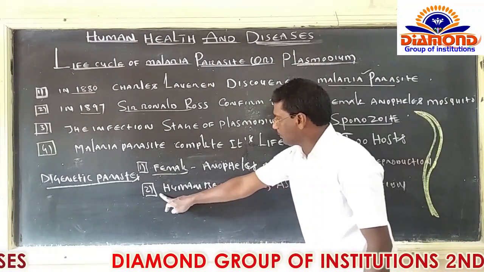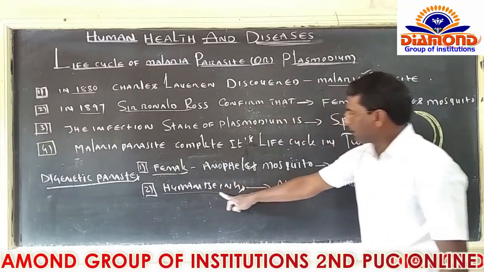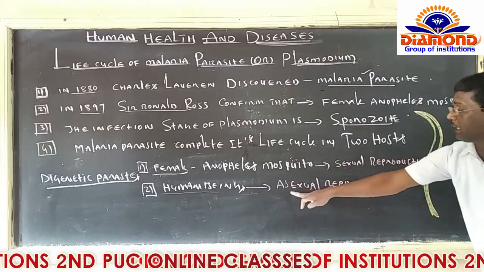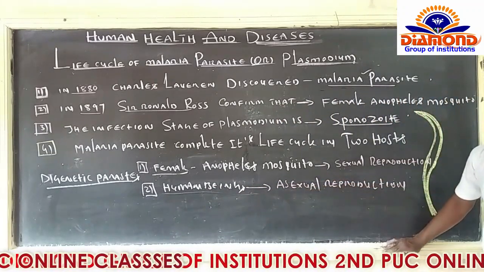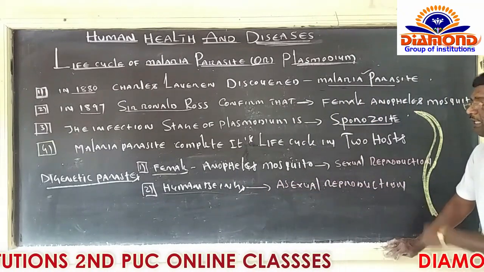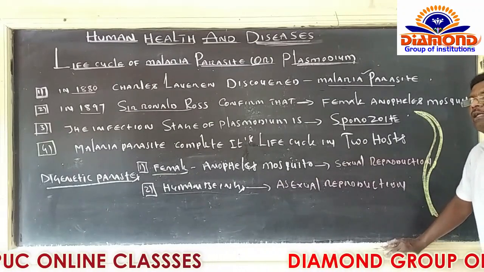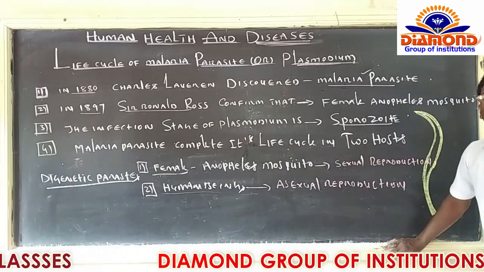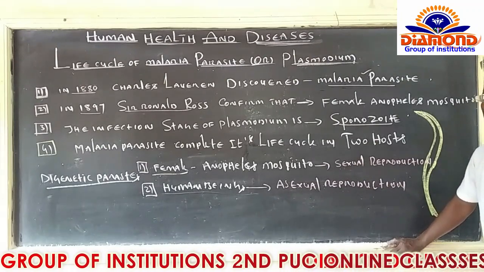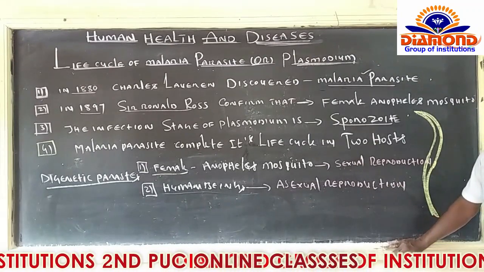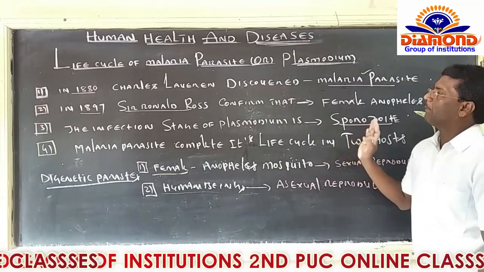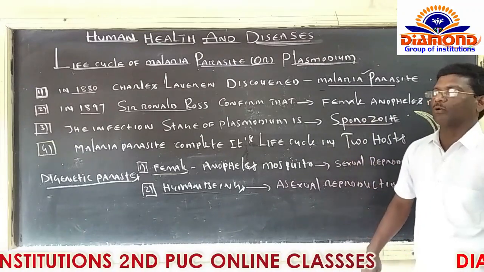Number two, when it infects human beings, to multiply its number it maintains asexual reproduction in the human body. Because of that, human beings get severe fever of 105 degrees Fahrenheit. That is what we call malaria fever disease. Yes, this is the back history regarding the life cycle of the malaria parasite or Plasmodium.